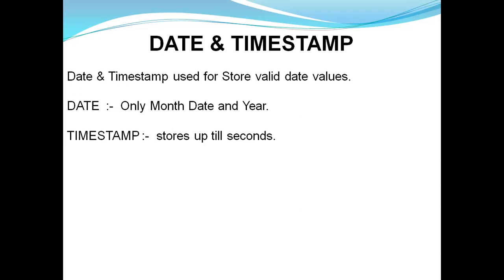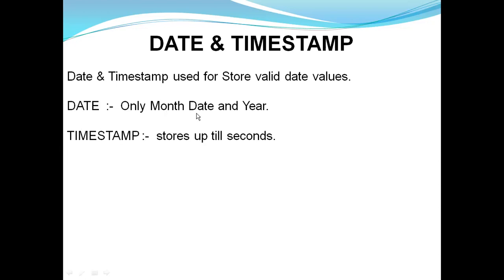Now what do you mean by the date or time? Date means it's only the date, month, and year. But what if I want to store the hours, minutes, and seconds also? So if we are using only the date, then you should use the data type as a date. And if we want hours and minutes also to be stored, then we should be using a timestamp. It stores till the seconds.